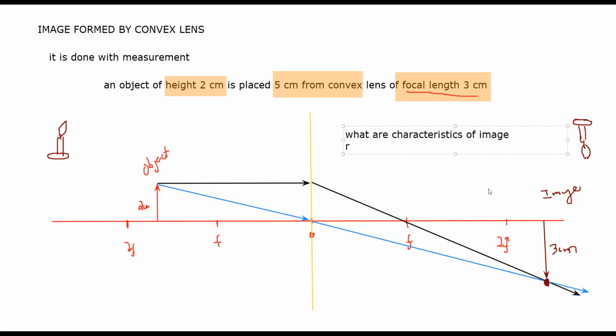When the two light rays intersect, we don't have to imagine that there's an intersection. That's why it is a real image. It is an inverted image.